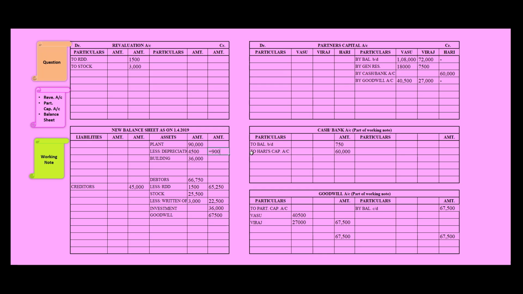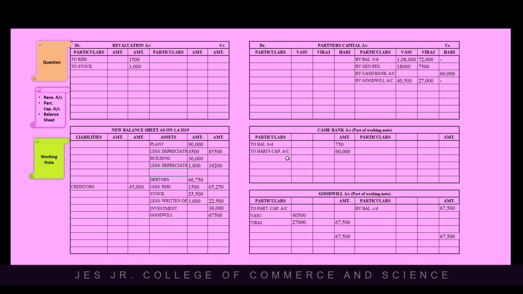So 90,000 minus 4,500 will be this much. Building is also reduced by 5%. So 36,000 into 5 upon 100 will get this much. 36,000 minus 1,800 is this much.